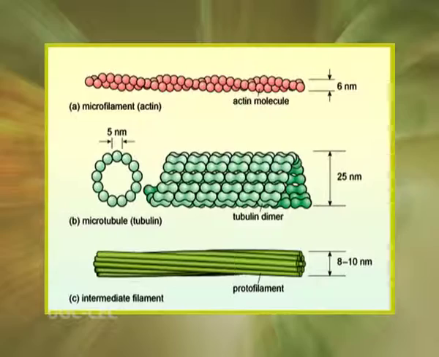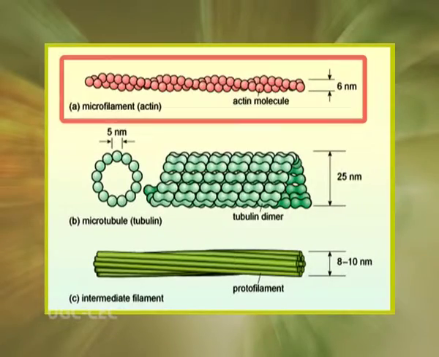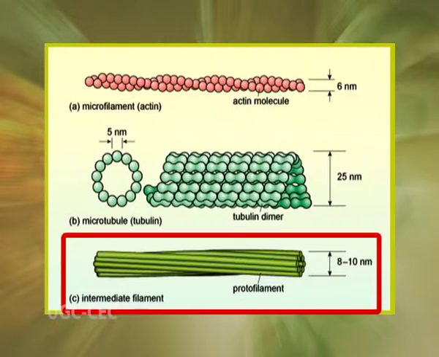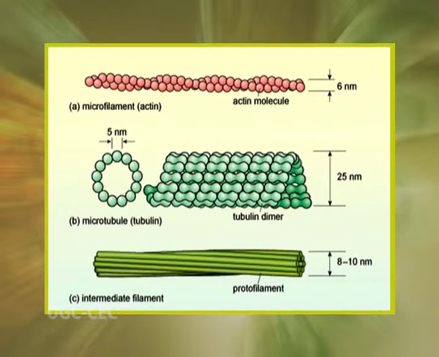The diverse activities of the cytoskeleton depend on three types of protein filaments: actin filaments, microtubules, and intermediate filaments. Each type of filament is formed from a different protein subunit.